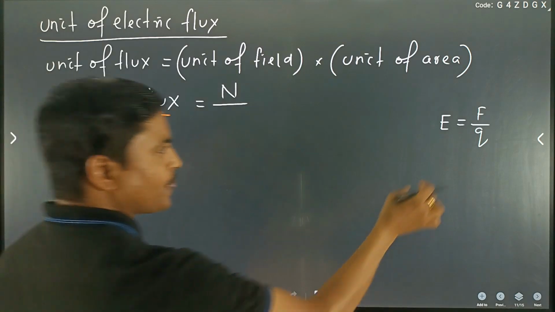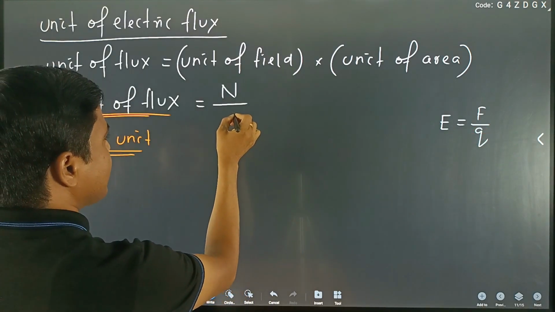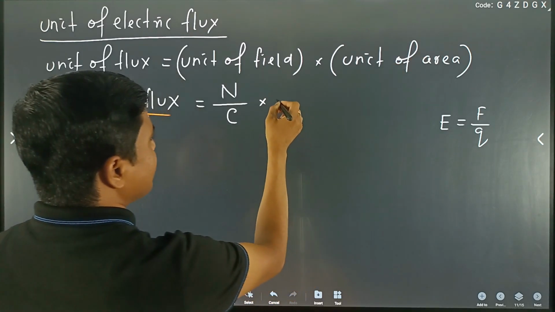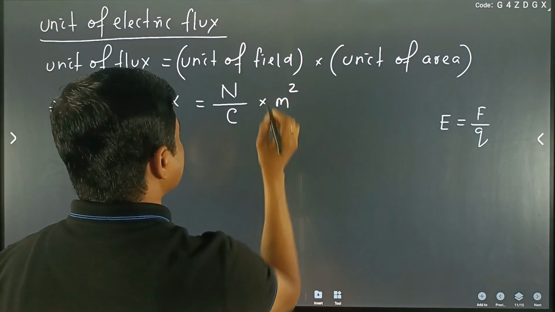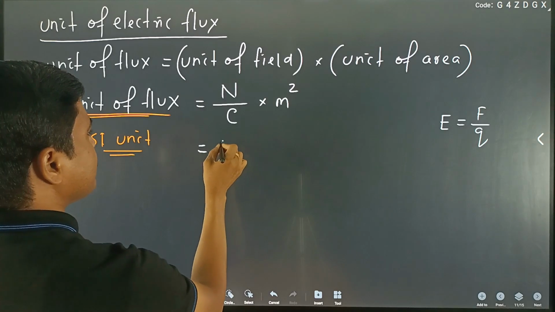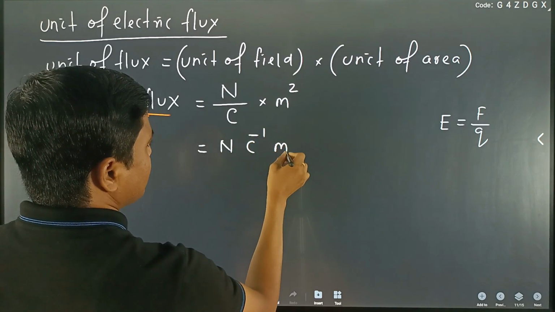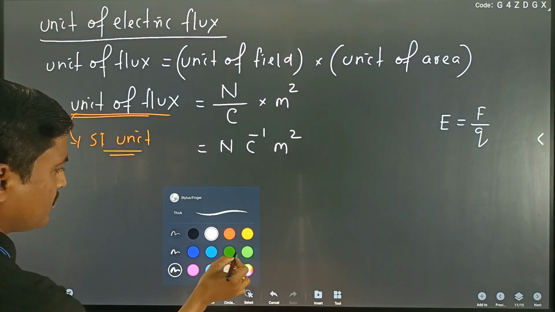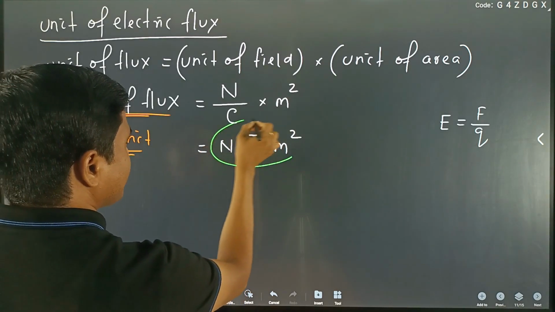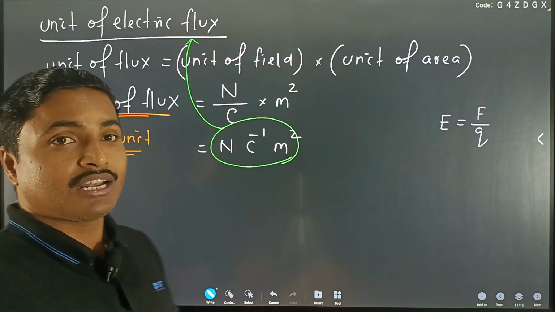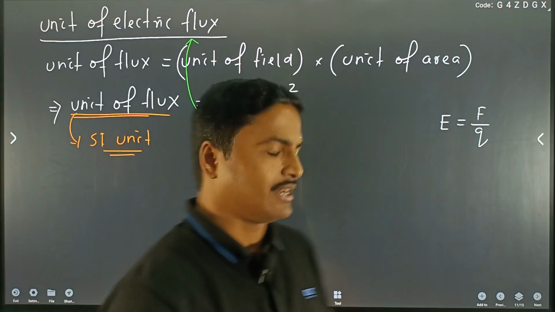SI unit of force divided by charge, and the unit of charge is Coulomb, multiplied by the SI unit of area, that is meter square. That means we write Newton Coulomb inverse meter square. This is the SI unit of electric flux. Clear?